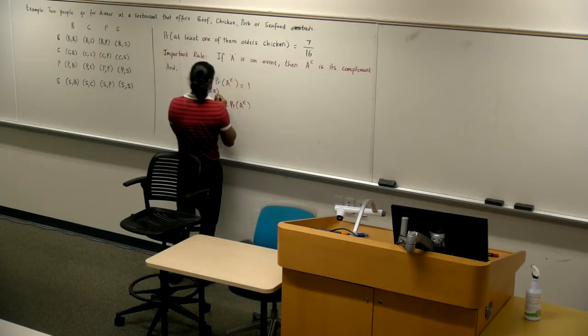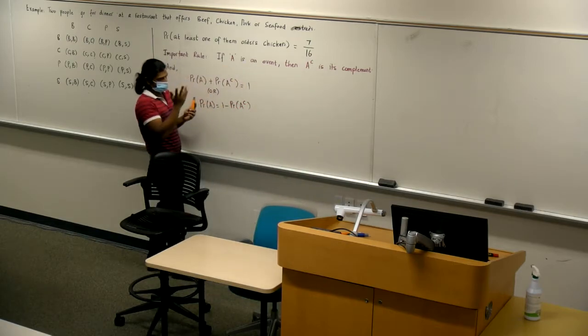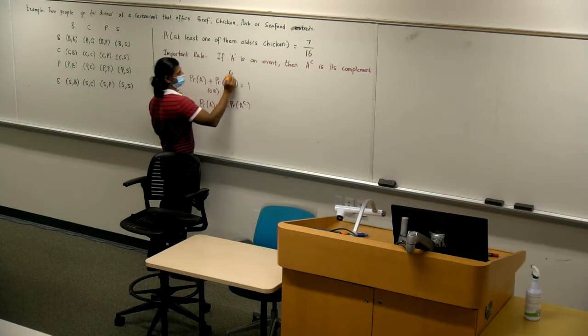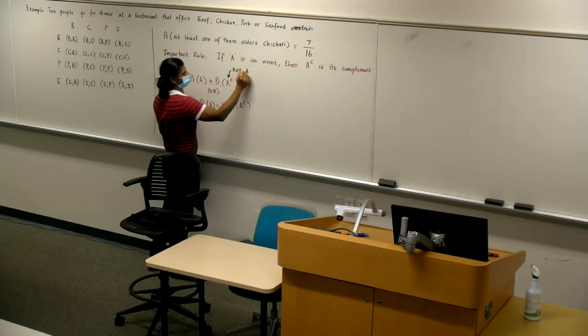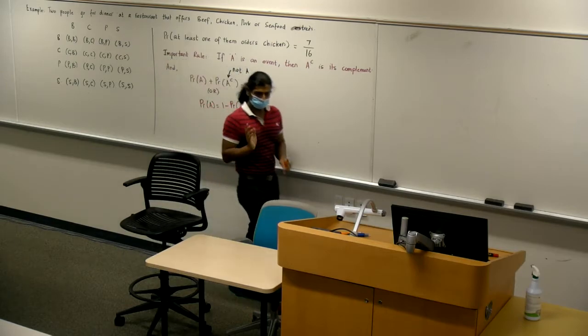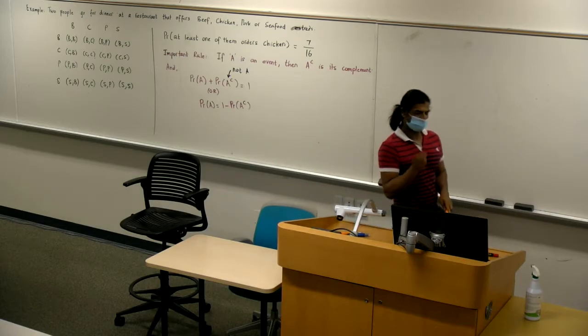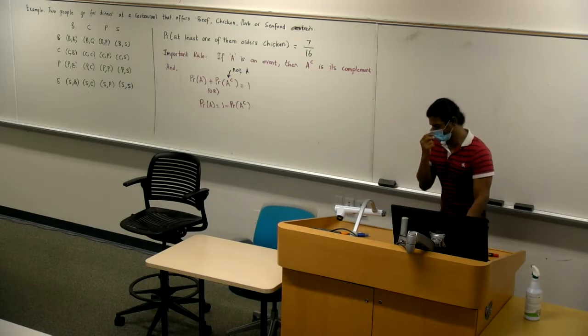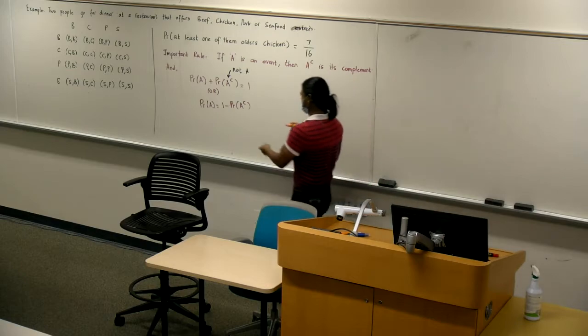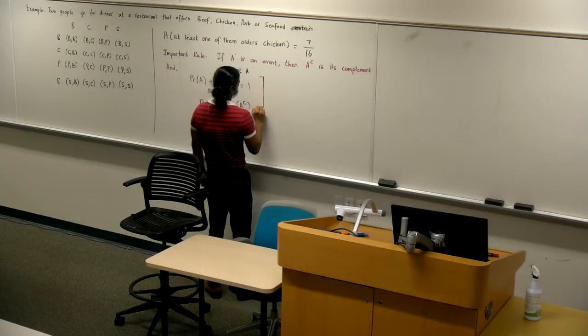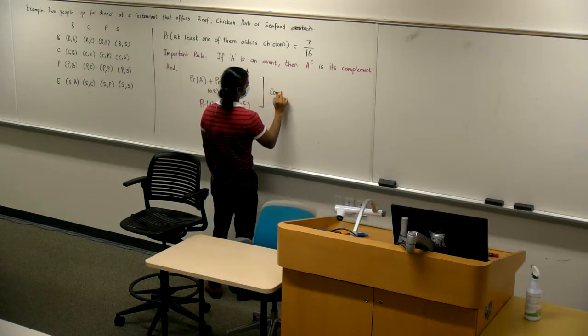Now, what does A superscript C, A^C, mean? Not A. Anything that A is not is the complement of A, and this rule is what we call the complementary rule.